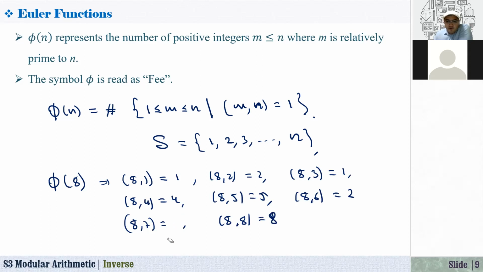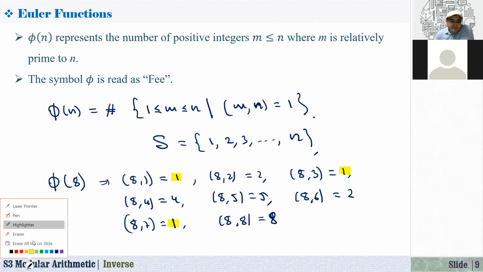Which of these numbers are relatively prime to each other? Here this is 1, and this is 1, and also this one is 1. So we have 3, right?